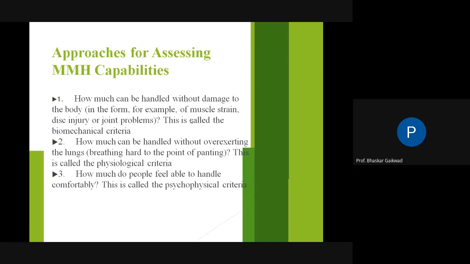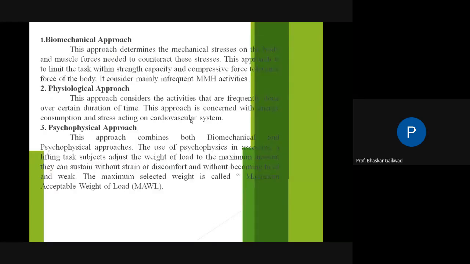This is called comfortability. Comfortability means while handling the material, there should be certain hooks, certain holes, so that we can easily lift that part. So it comes under the third point of manual material handling.